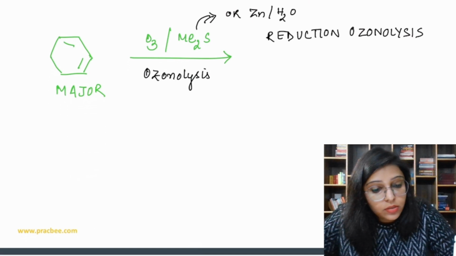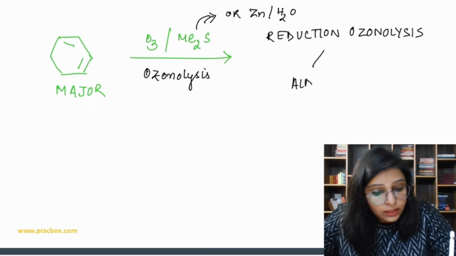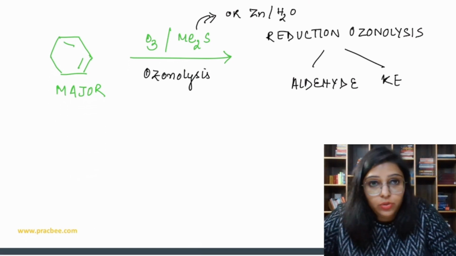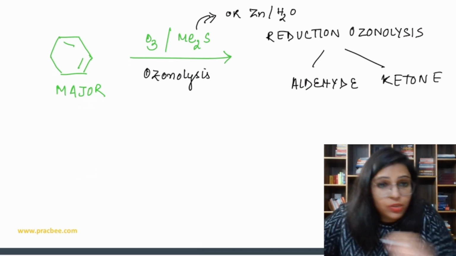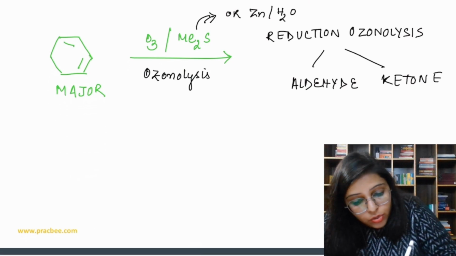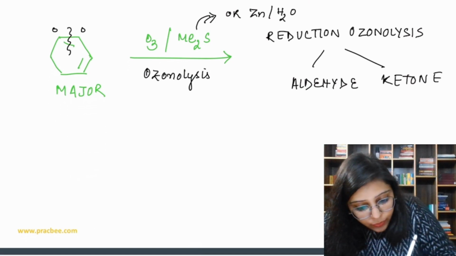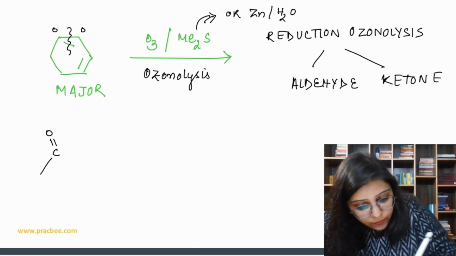From reductive ozonolysis we can get either aldehyde or ketone. I am going to tell you a trick: just break this bond and put oxygen and oxygen. So let me write. Here we have carbon double bond, then this. Now you have to break this one.